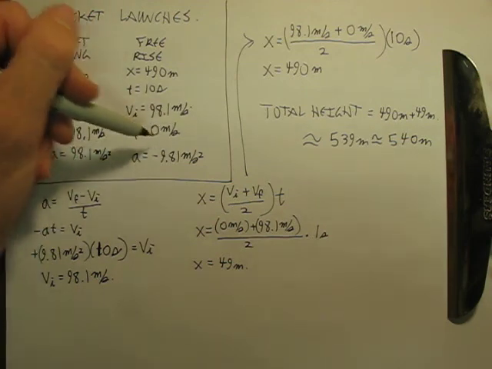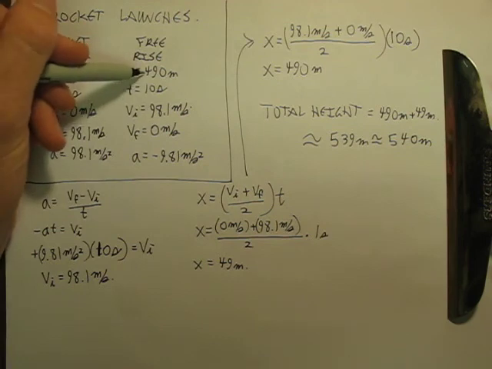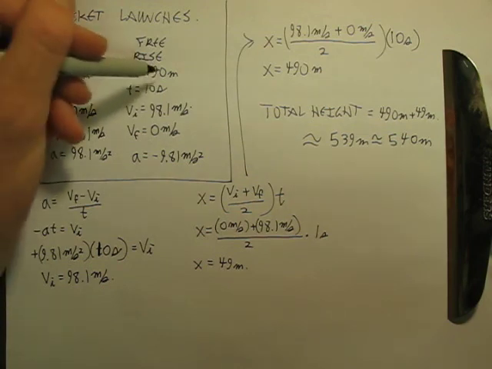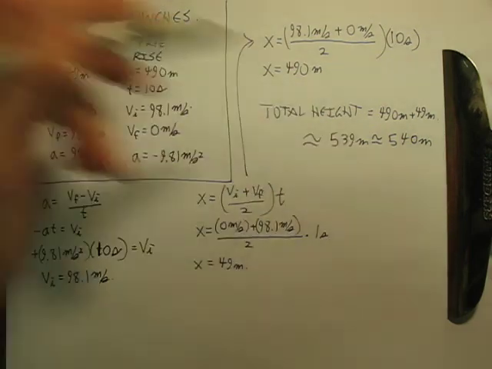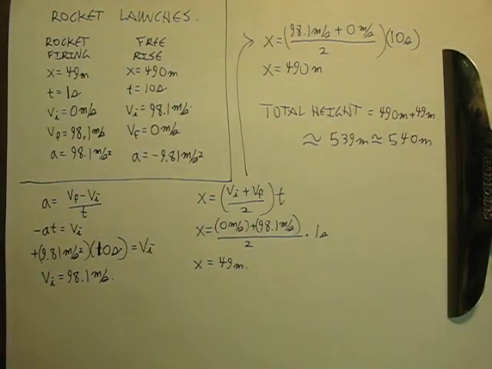It's going to start falling back towards the Earth, and in that 10-second interval it goes up an additional 490 meters, and so the total height between this phase and that phase is about 540 meters is how high that rocket goes, which is a long ways. Half a kilometer is a long ways, but if you look at these videos you see that they go a long ways up. Okay, that's that video.